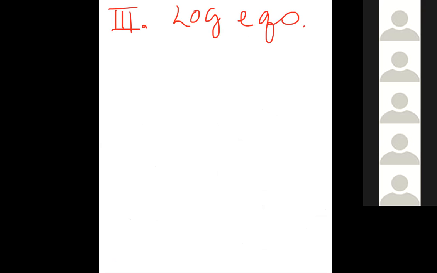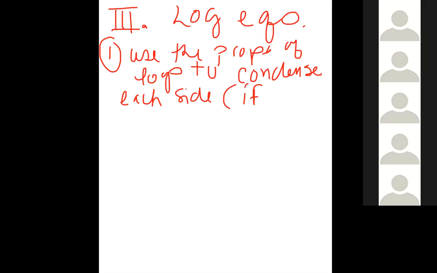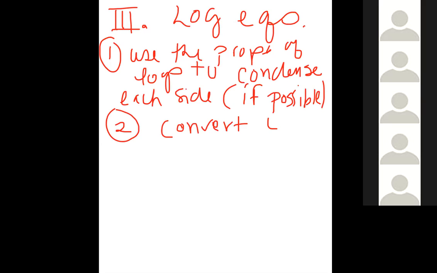So, number one, guys, we're going to use the properties of logs to condense each side, if possible. Sometimes you can. All right, number two. Next, we're going to convert the equation to an exponential equation.